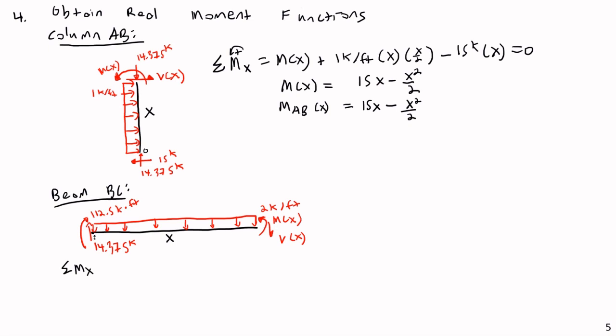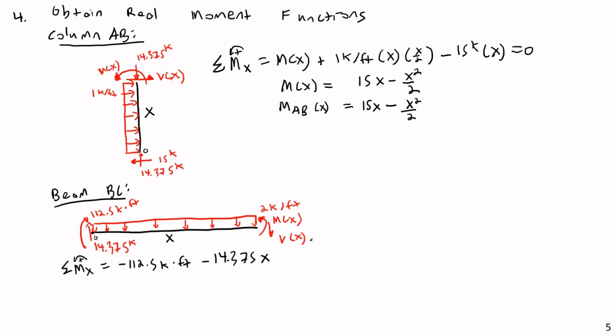Again, here this is my 0, and x to the right is positive. Sum of moments about x, counterclockwise positive. This will be negative 112.5 kip feet. Then minus 14.375 times x.